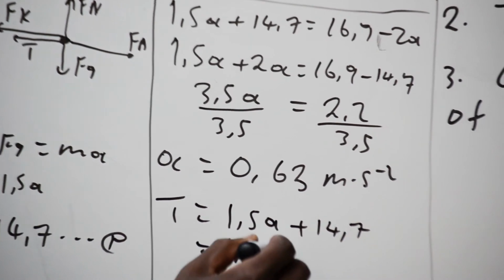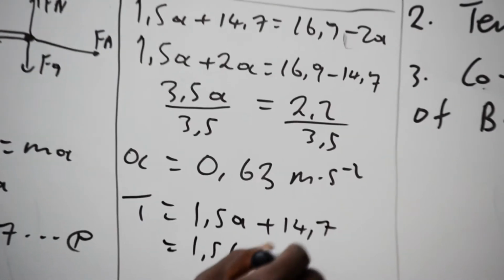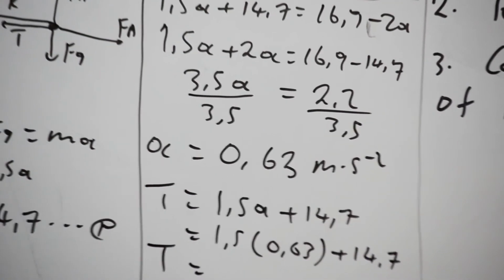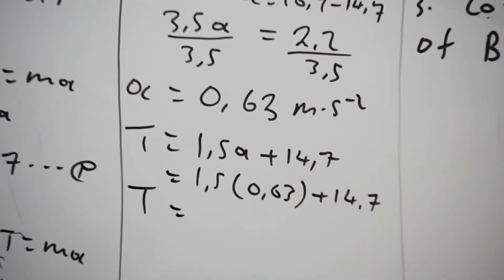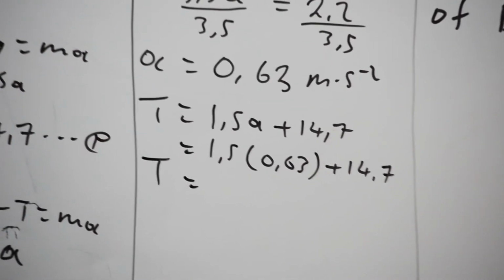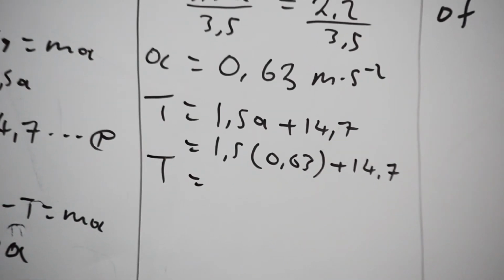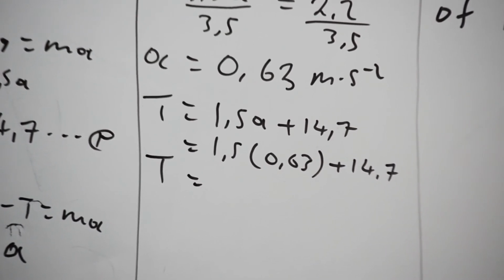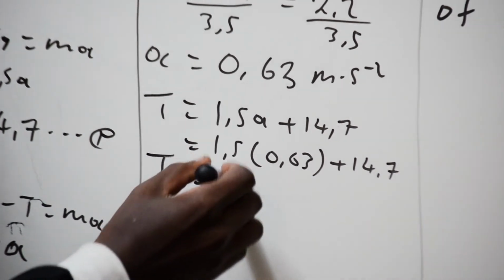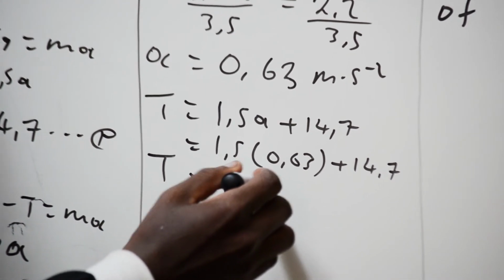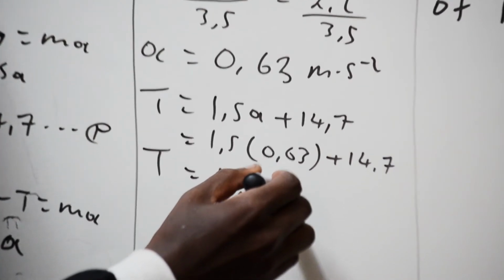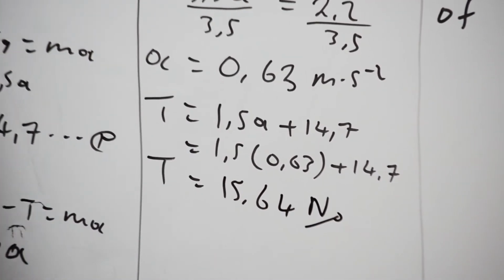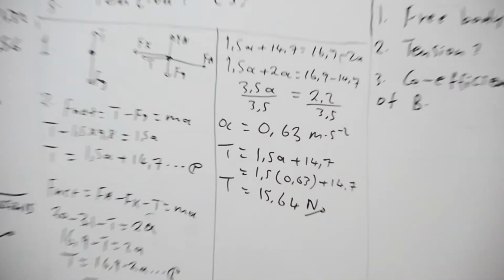So 1.5 times 0.63 plus 14.7, then that's my tension. So this will be 15.64.